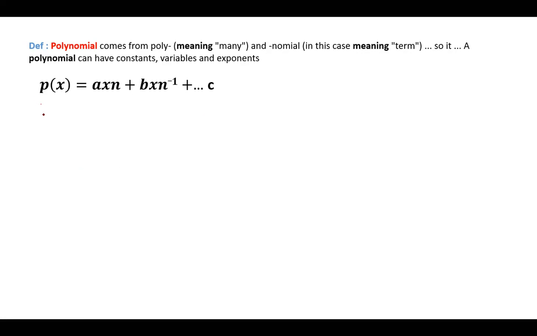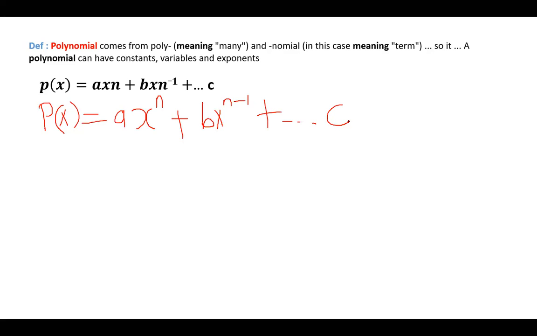So a polynomial p of x is supposed to look like this: a x to the power n, plus b x raised to the power n minus 1, plus, and it goes on up to a constant. The powers keep on reducing.